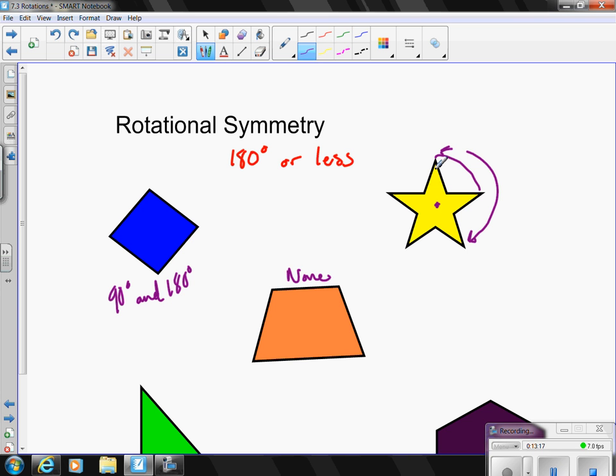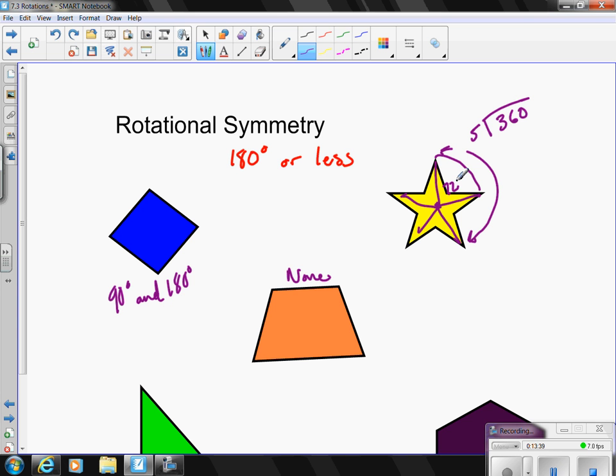And you could figure out that angle by taking 360 and dividing it by 5, which would be 72.